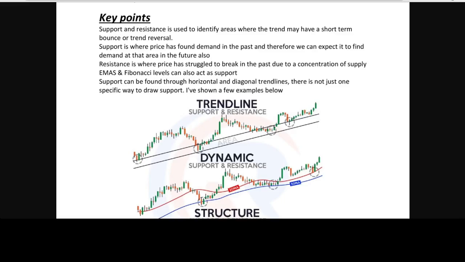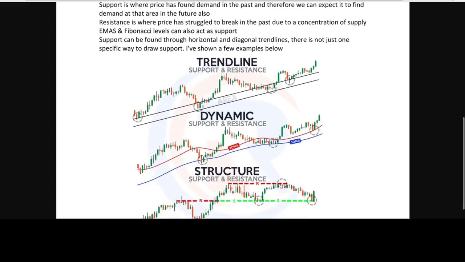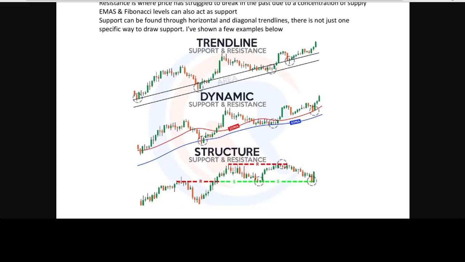EMAs and Fibonacci levels can also act as support. Support can be found through horizontal and diagonal trend lines. There is not just one specific way to draw support. I've shown some examples below. So you got the trend line, the dynamic, and the structure. So here are some of the ways that you can see support and resistance, of course.